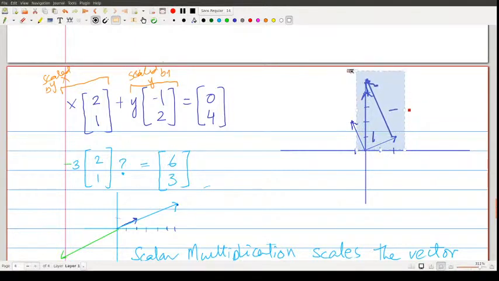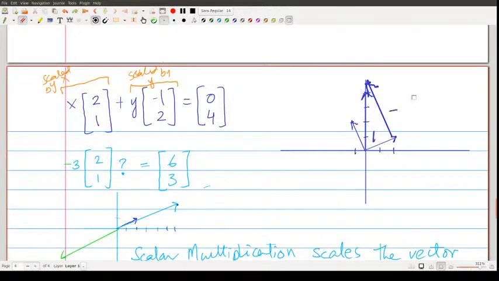Notice that I can almost get in the same direction, but I have overshot it a bit, which means maybe I should reduce the length of the first vector, right? So the idea is adjusting this x and adjusting this y, so that once you add them together, the result that you get is the same as this vector, right?